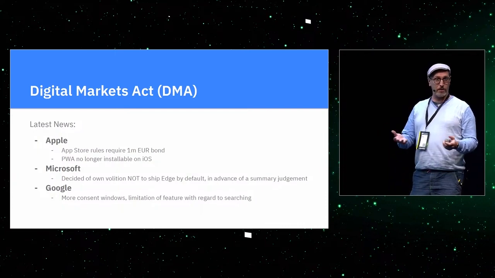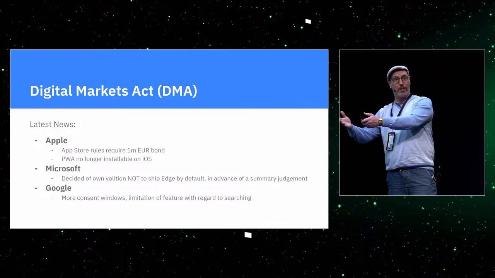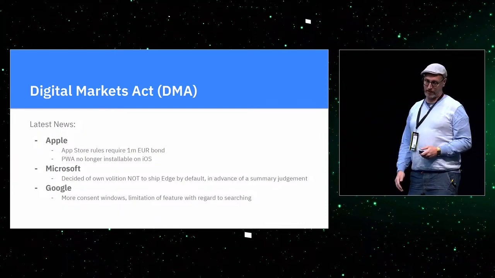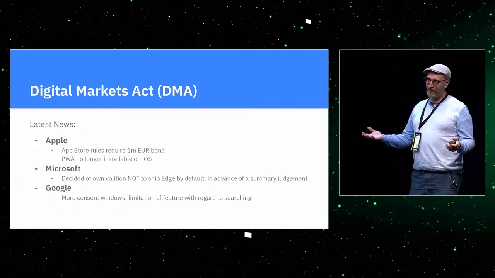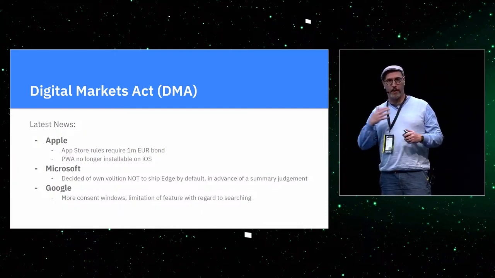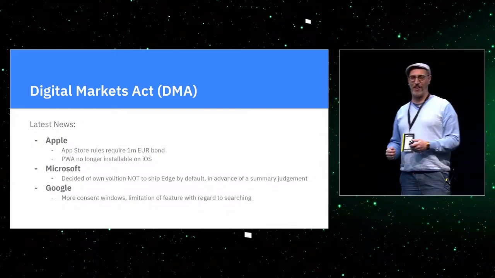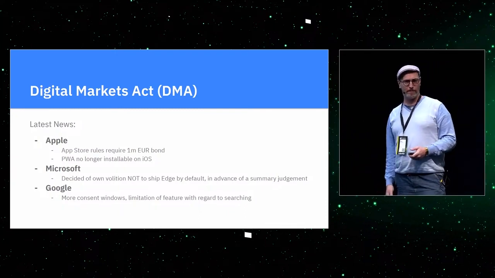The PWA is also no longer installable on iOS for any browser, even though you can install other browsers on the iOS. People are calling this malicious compliance. I won't, because I use an Apple device. I don't want them to take away my logins, which they probably won't do, right?